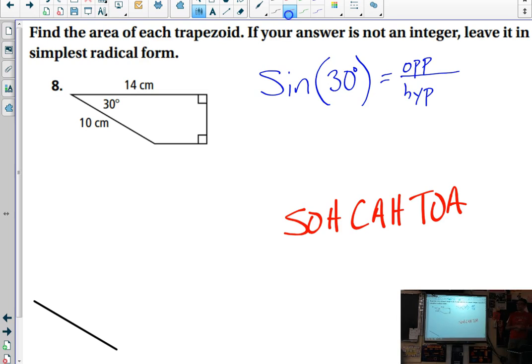Trigonometry is how angles and lines relate to each other, how the length of a side of a triangle can be determined by the angle size and the other pieces. The fact that I know this 30 degrees and I know that 10 centimeters, these are related to each other.